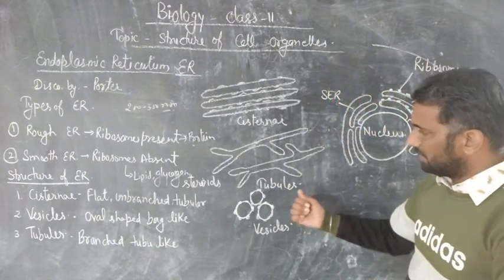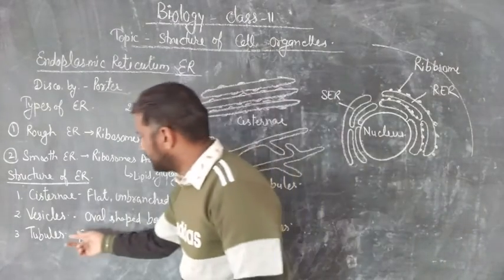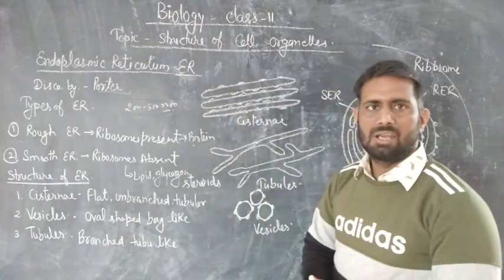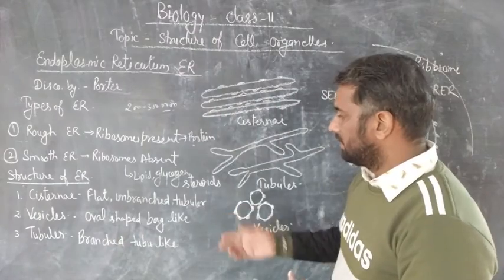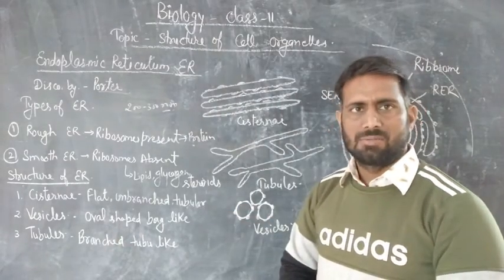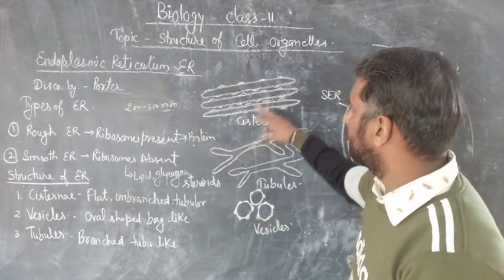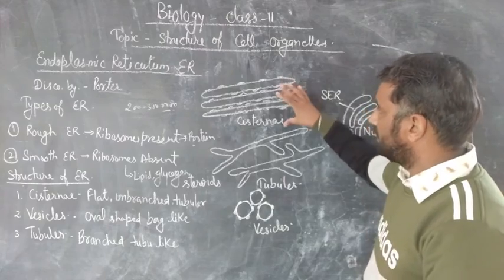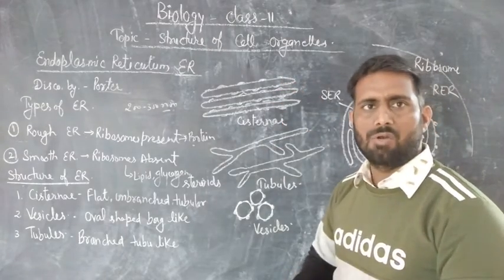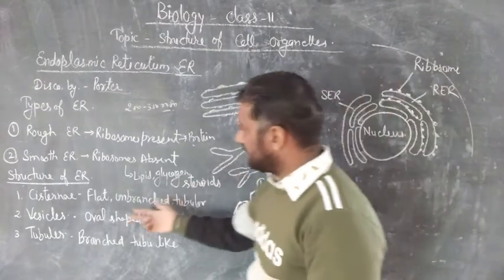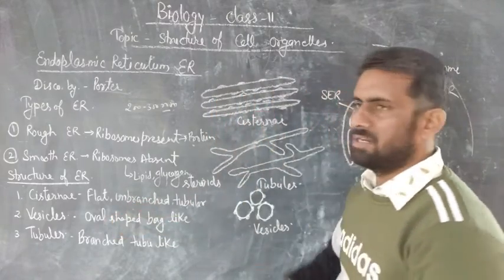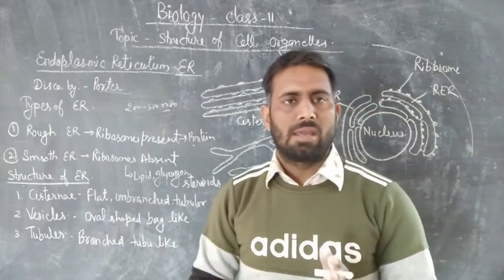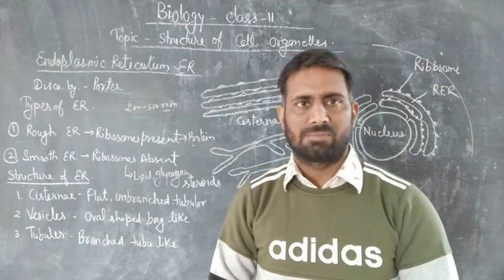Third structure is tubules. Tubules are unbranched tube-like structures which interconnect the cisternae to each other, or with vesicles, forming the endoplasmic apparatus.